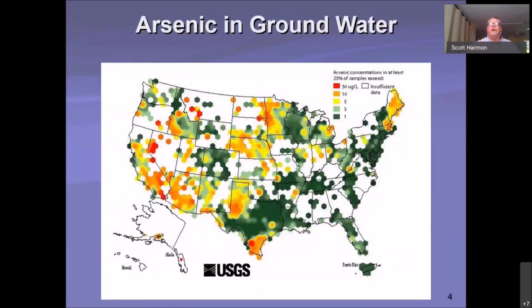Hopefully, for those of you that aren't looking at a teeny tiny phone, you can see this map shows kind of an illustration of the amounts of arsenic potential that are in the water around the country.